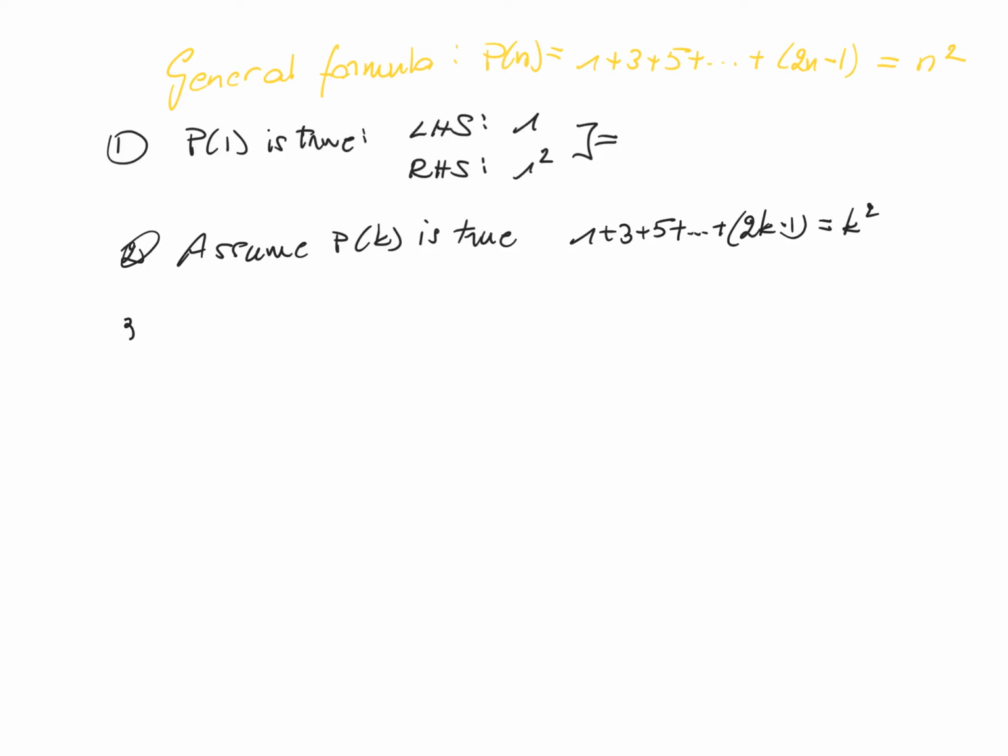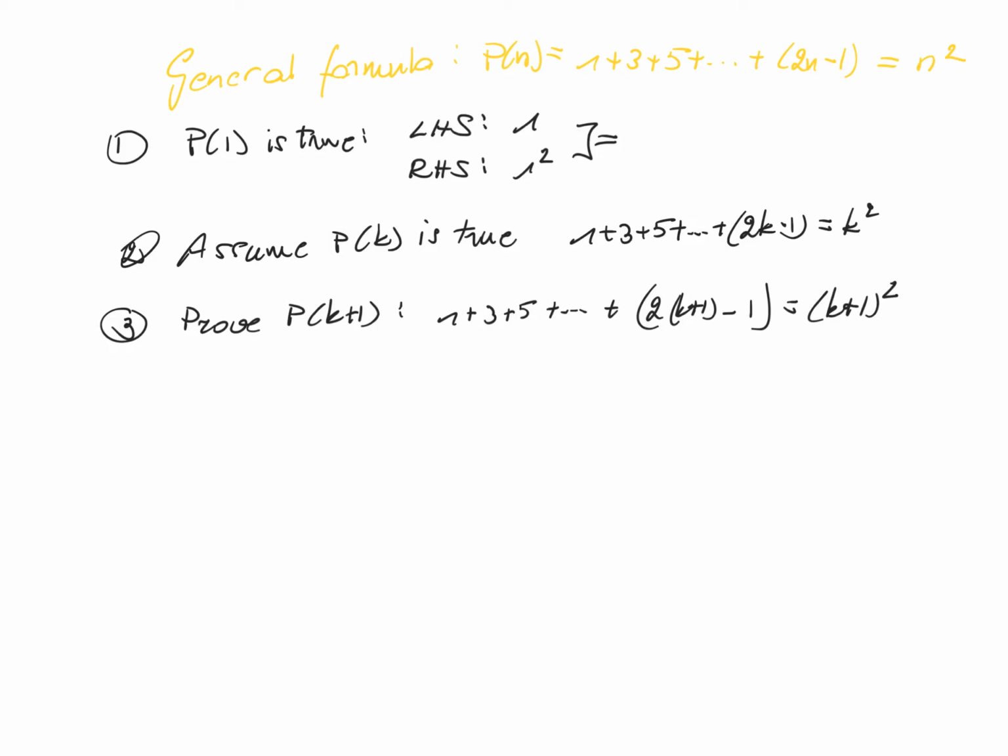And then the third step, if I know that Pk is true, I have to prove also that Pk plus 1 is true. So we have to prove that 1 plus 3 plus 5 and so on up to 2k plus 1 minus 1 is equal to k plus 1 squared. So we have to prove the next step in my sequence of statements.